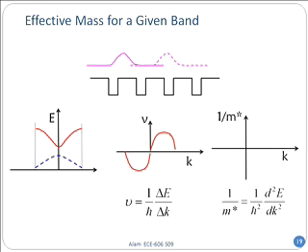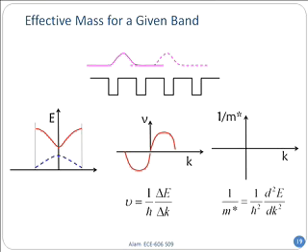It goes through a minima. So when you take a derivative, the value is 0. As you move away in the plus k direction, the velocity generally goes up, and then eventually it will come down. And similarly on the left hand side, the solution is symmetric. So the velocity would be going negative and then going back to 0. Does it make sense? It should in some way, right?